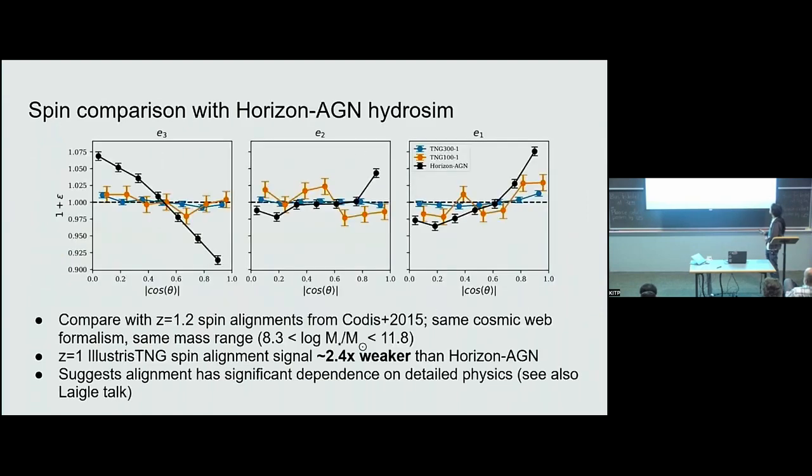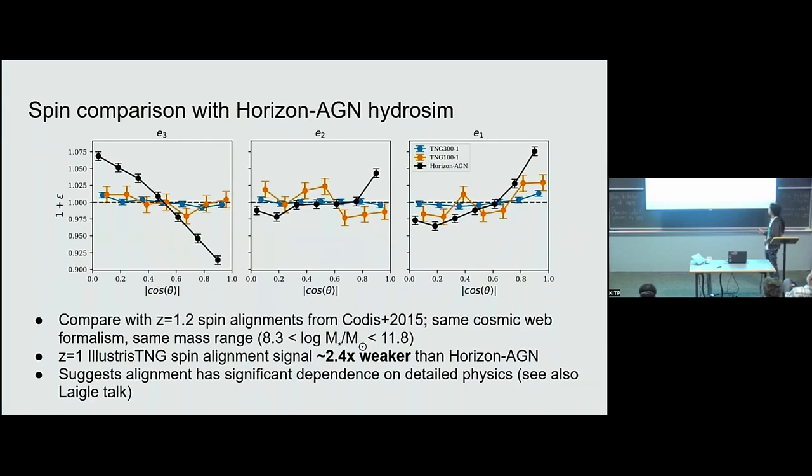So just comparing this with Horizon AGN directly, Clotilde showcased this in her talk on Monday as well. If we plot the same mass range in IllustrisTNG as was plotted in Cody's paper in 2015 using Horizon AGN for galaxies, and in addition, this is using the same cosmic web formalism, the Hessian formalism, we see that the strength of the spin alignment between IllustrisTNG and the cosmic web is much less than Horizon AGN here in black.